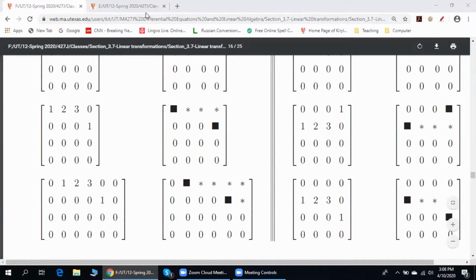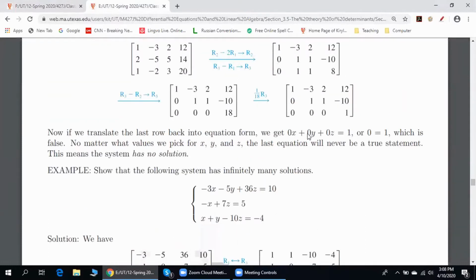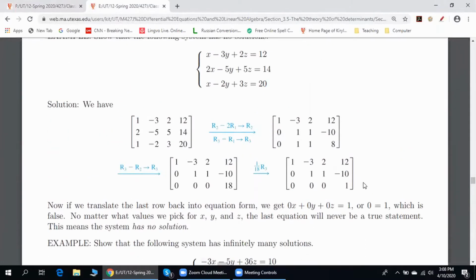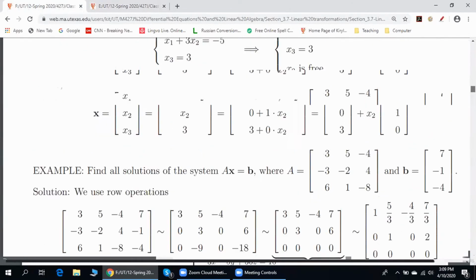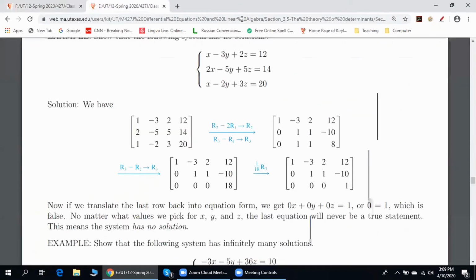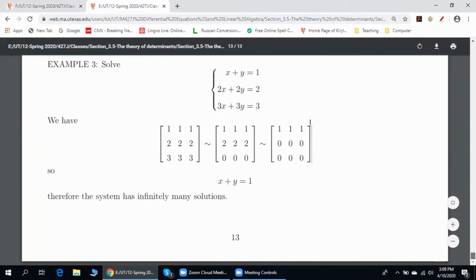So one of the goals when we apply elementary row operations is to come up with an echelon form. Now, please take a look at this very important theorem. Remember, in the same section at the end, we discussed 3 examples.